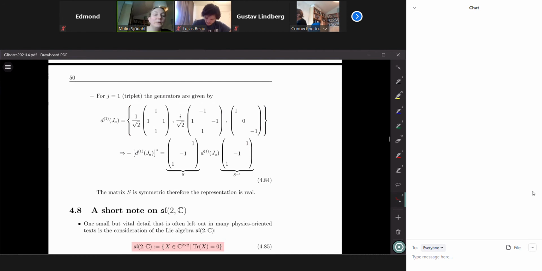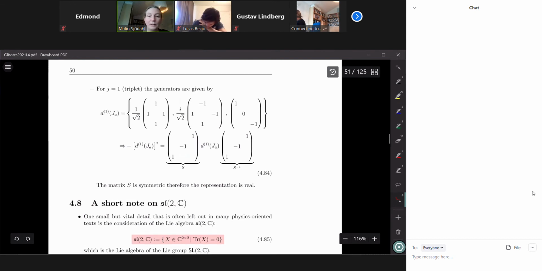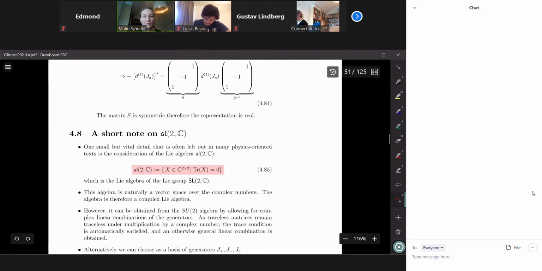If we want to find a complex conjugated representation, which was obtained by inserting a minus sign and a star, then that thing should be obtainable by some matrix, the original generators, and the transformation matrix inverse, where this S should be symmetric. And here it turns out that this S does the job, and it is indeed symmetric. Yes, I'm skipping the steps here. It's not worth going through them.